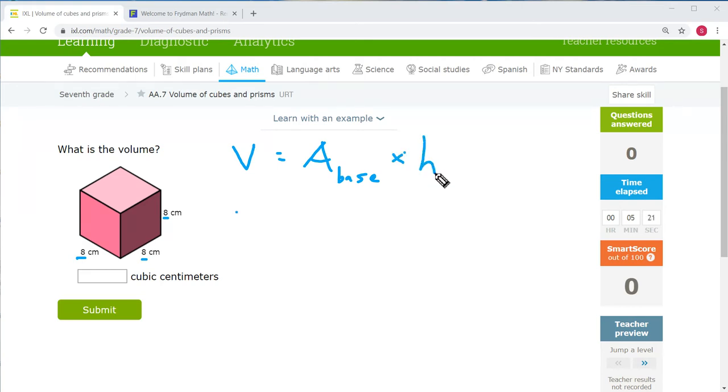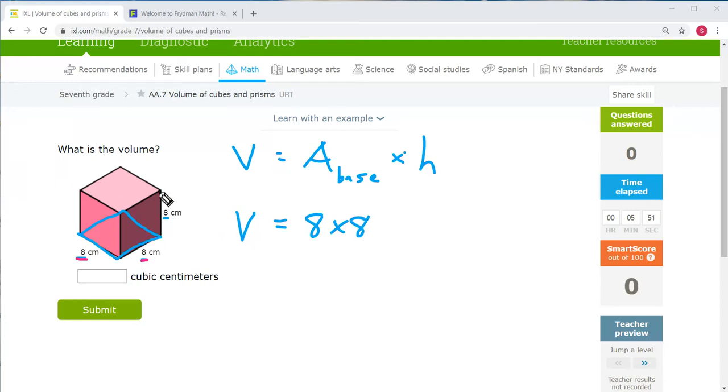So on the next line, we have the volume is equal to the area of the base. This is the base over here, which is a square, and the square is 8 by 8. So for the area of the base, it's going to be 8 times 8.